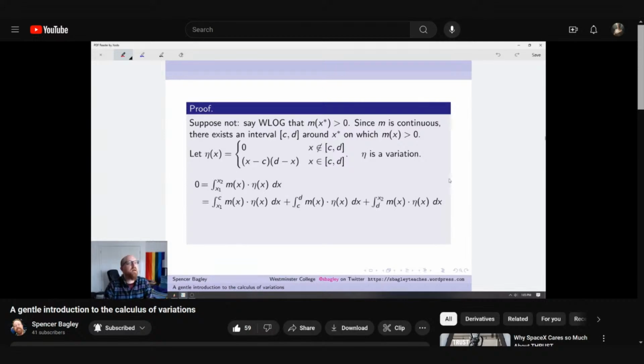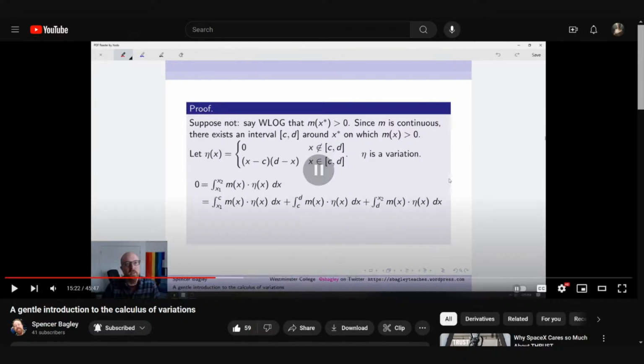Okay, I'm going to split up this integral into 3 pieces. Oh my God, this is becoming so meticulous.